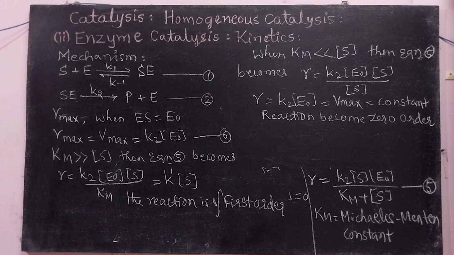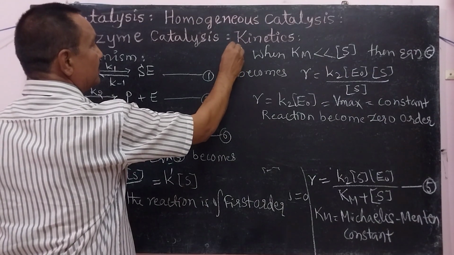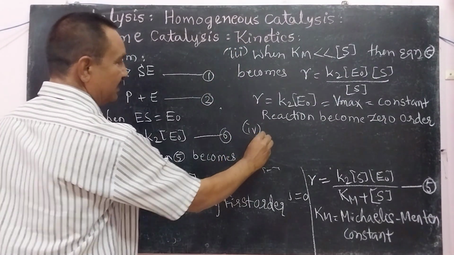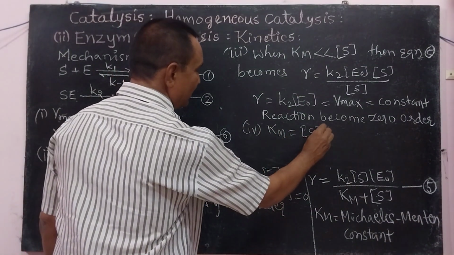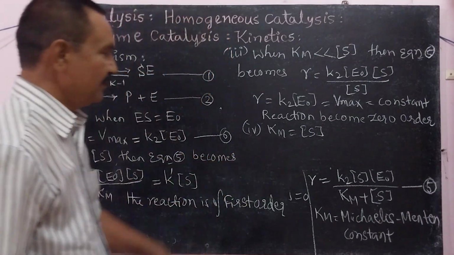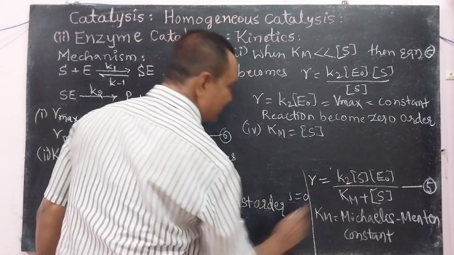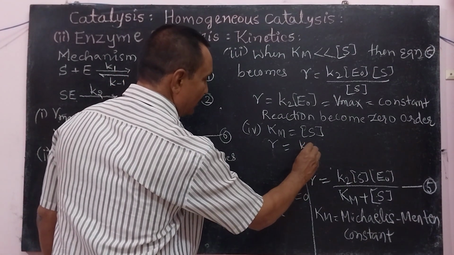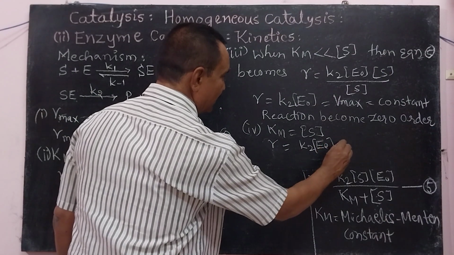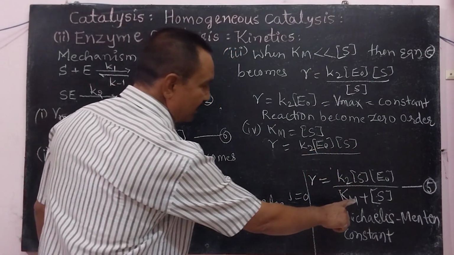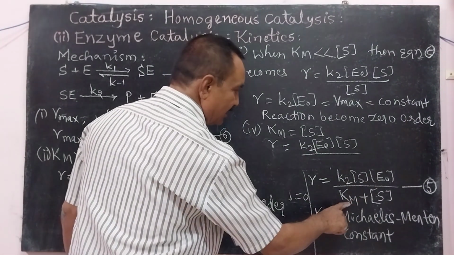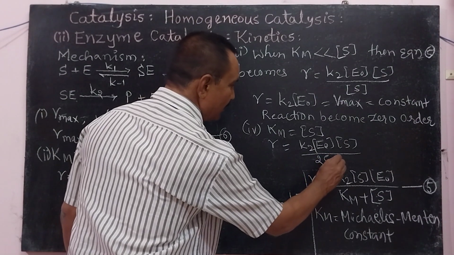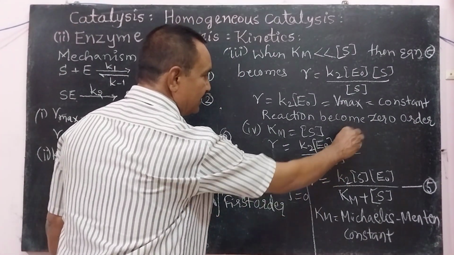Then another condition. Here we are applying the conditions: this is first, this is second, this is third, and the fourth condition is when Km is equal to the concentration of S. In this equation, if Km equals S, the rate equals K2 E naught into S divided by Km plus S, which becomes 2 into S. Then this S gets cancelled.